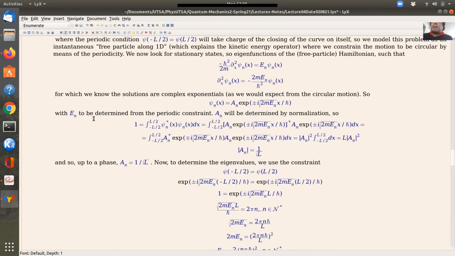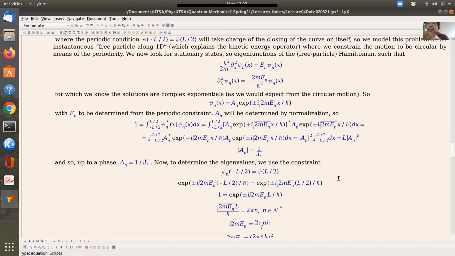So we want to determine the eigenvalues. Again, we have a periodic constraint to be satisfied, which is that the value at minus L over 2 should be the same as the one at L over 2. And if you evaluate the exponential that you have in this case, and you don't care about the coefficient because it's going to be the same on either side, basically what you'll have is e plus minus blah blah blah evaluated at minus L over 2, equal to e plus minus blah blah blah evaluated at L over 2.